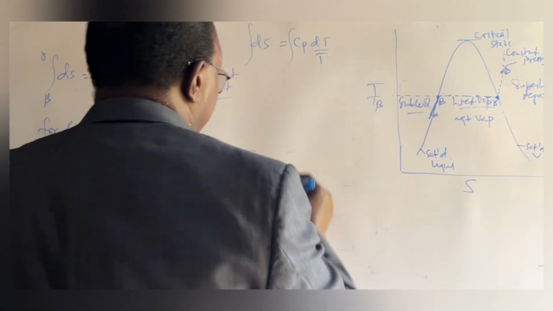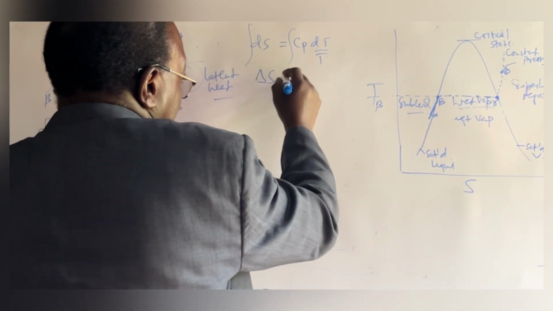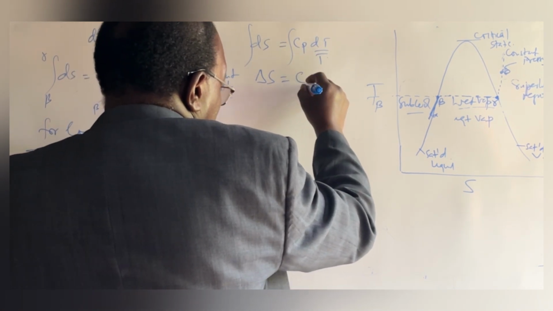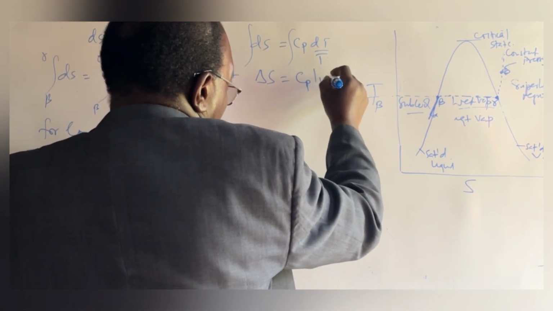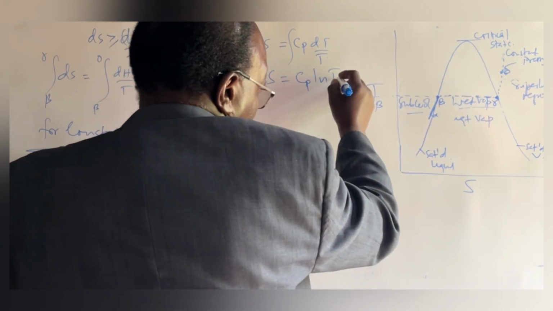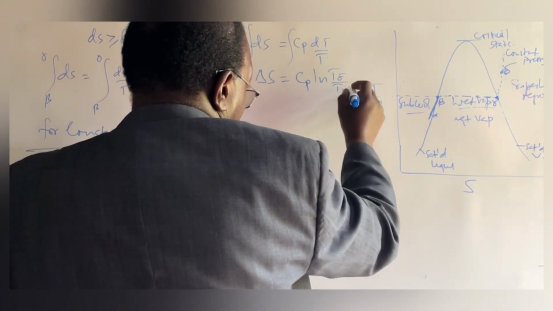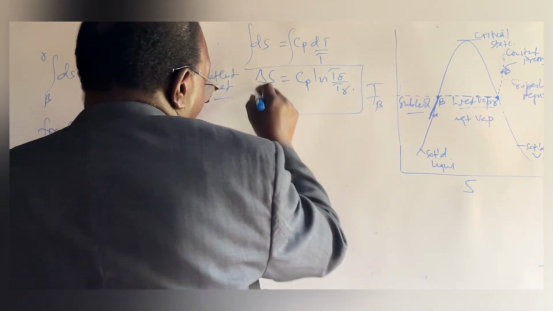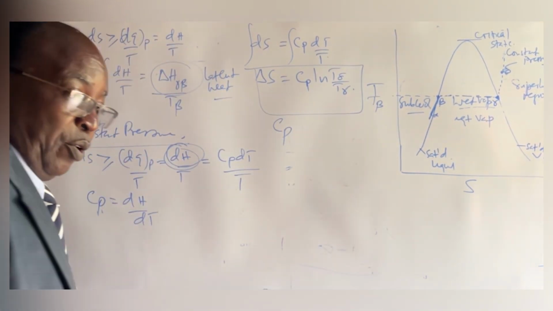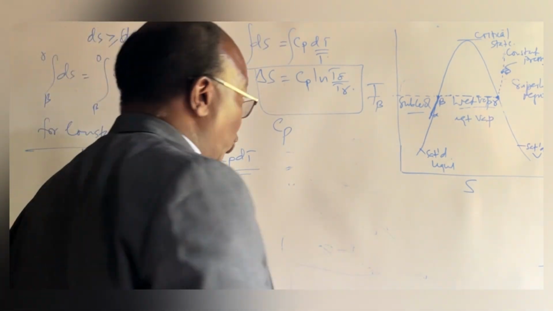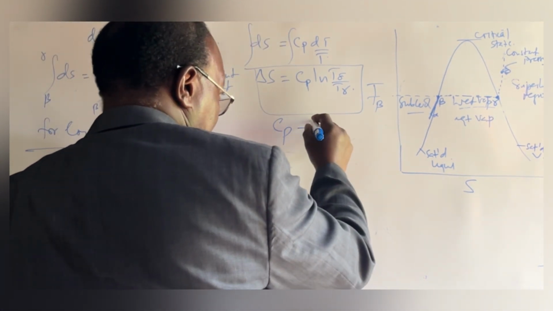So we will have delta S equals Cp natural log of the temperature ratio, up to gamma, where Cp now will be the isobaric heat capacity of the superheated vapor.